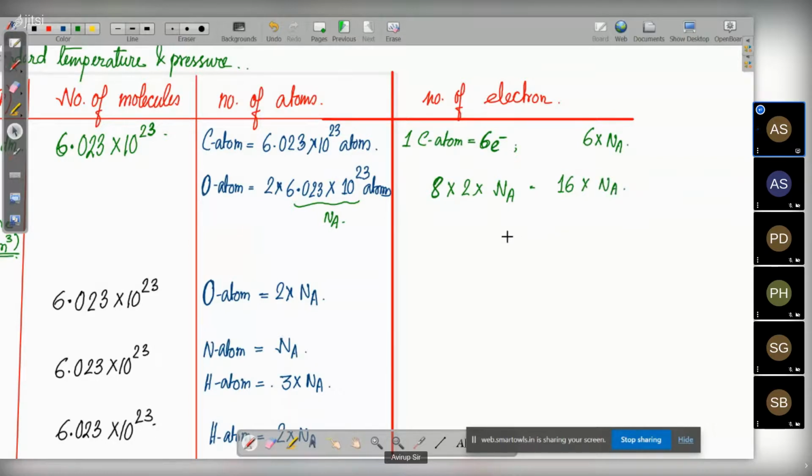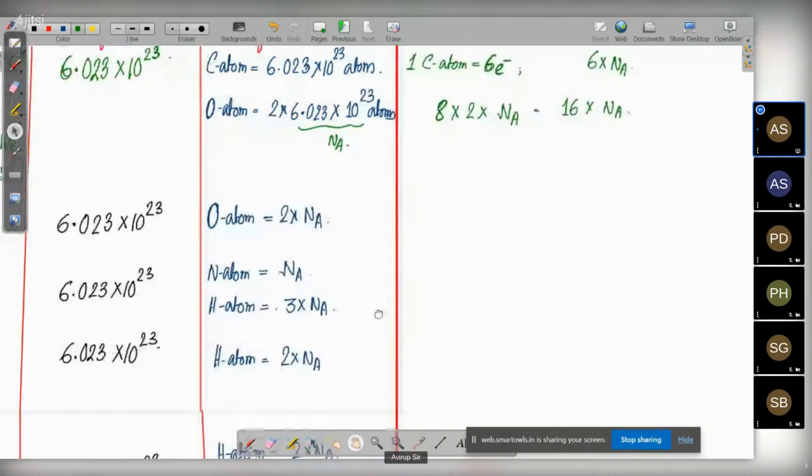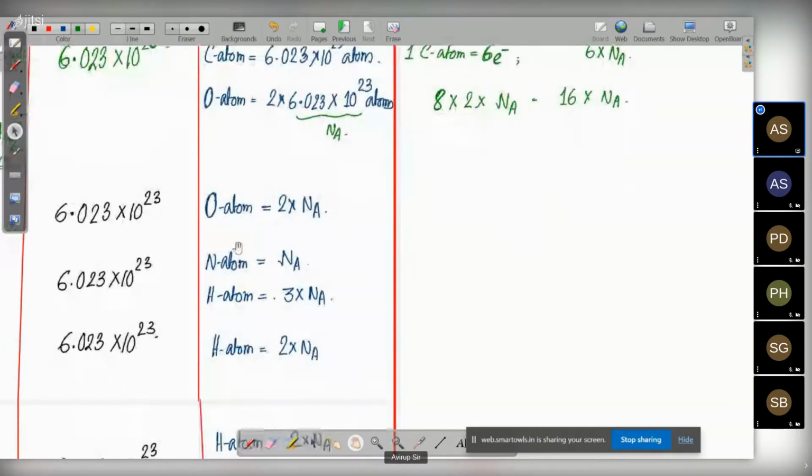So this is how you do it. For this, you need to know the atomic numbers.